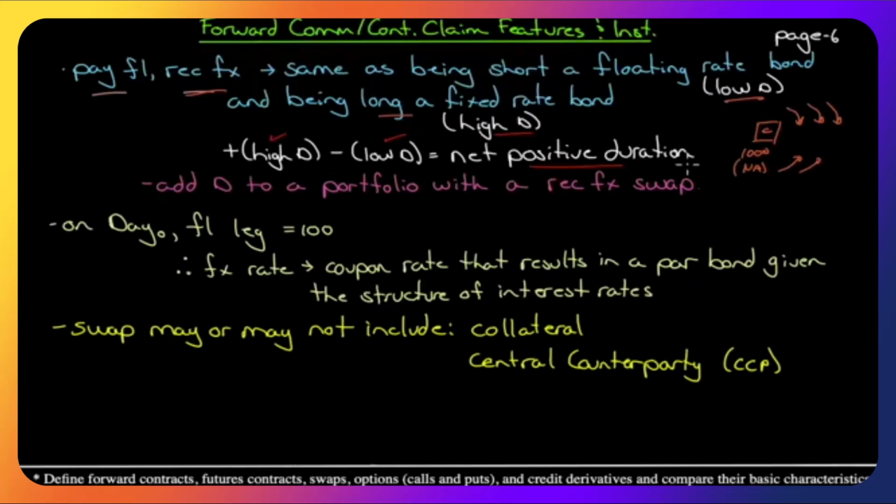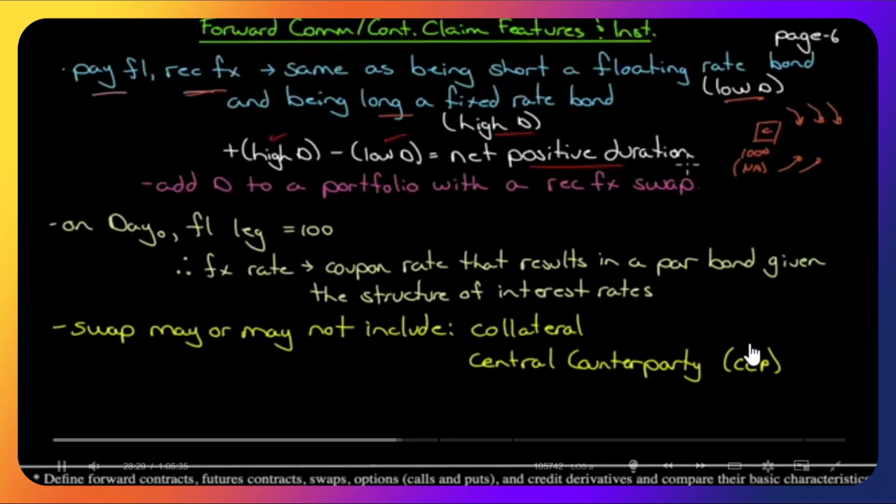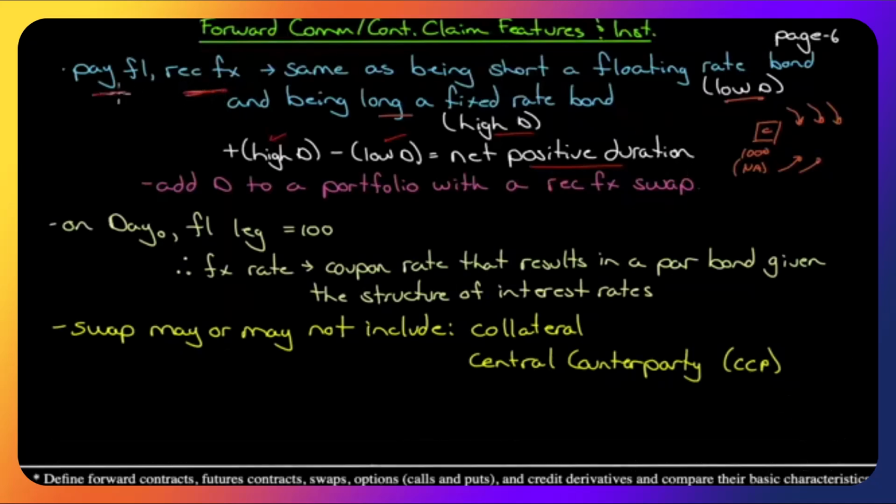So if I have a portfolio of bonds and I want to add more interest rate risk to my portfolio, rather than buy more bonds, I can simply enter into a receive fixed pay floating swap, and this will add positive duration to my portfolio without me having to buy any of the underlying bonds. So I can add duration to a portfolio with a receive fixed swap.